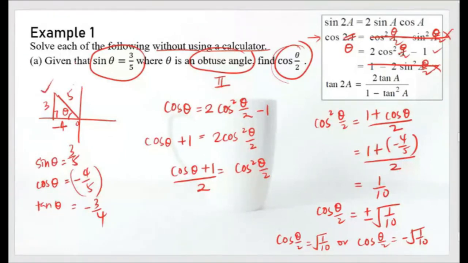You see, it is the second quadrant, right? In the second quadrant, is cos positive or negative? All Students Take Calculus: in the second quadrant only sine is positive, so cos is negative. So we reject this one. Your answer is cos theta over 2 equals negative square root of 1 over 10. That's it.